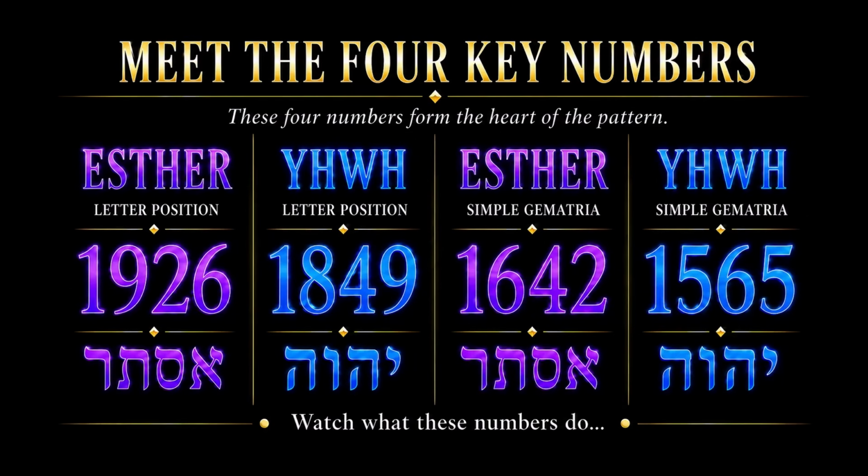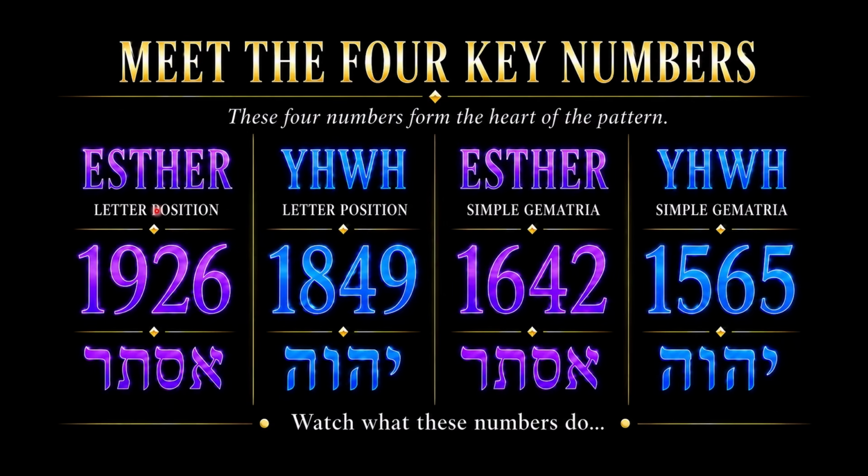Having established the perfect symmetry of God's name and Esther's name at the word level, I will now show that their letter positions and gematria values are aligned as well. Each Hebrew letter is assigned a numerical value through a system known as gematria, a practice that dates back to antiquity. Here are 4 key numbers that identify God's name and Esther's name.